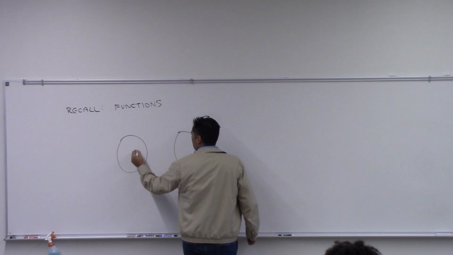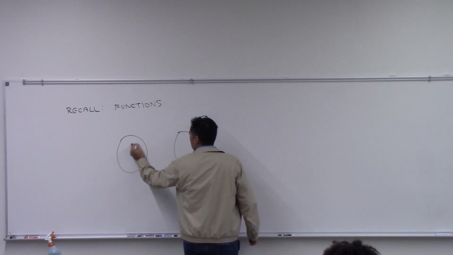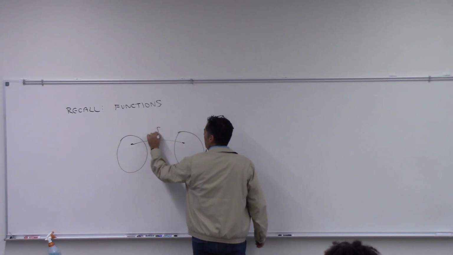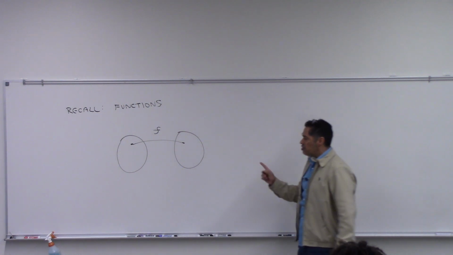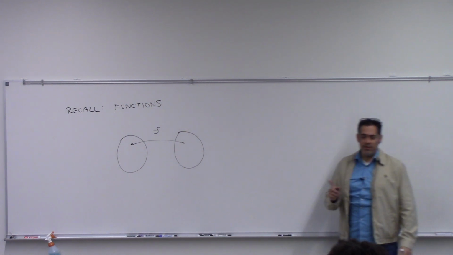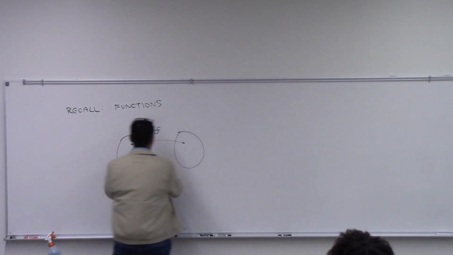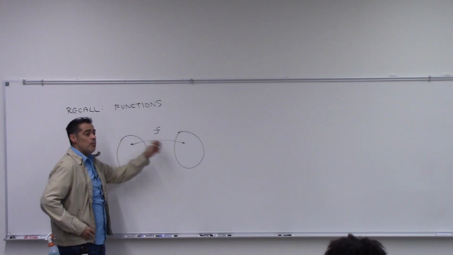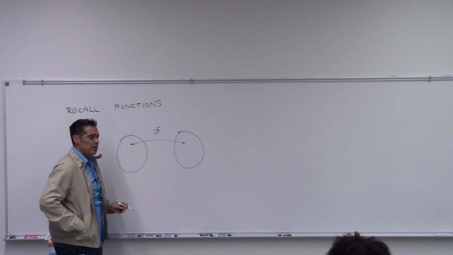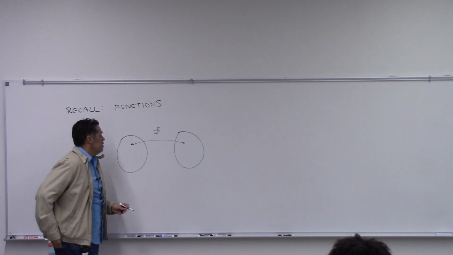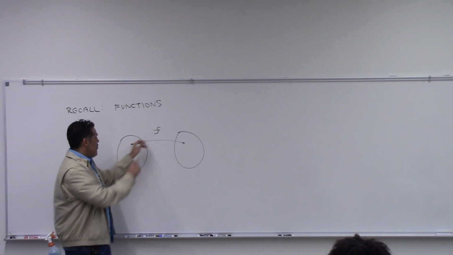We said, all right, what's going to happen here is you have values and they get sent over here through some function f. And to be a function, the condition was that for each input, we have exactly one output, right? Each input has exactly one output. So that would have to go to one place.